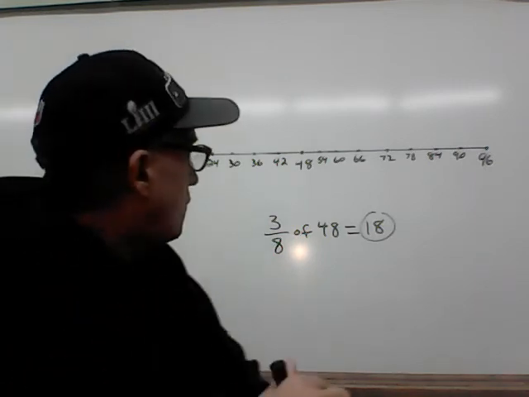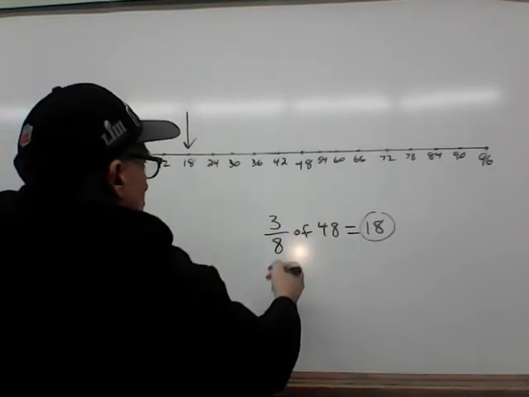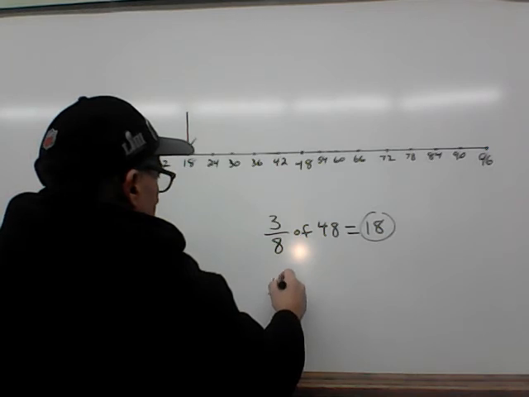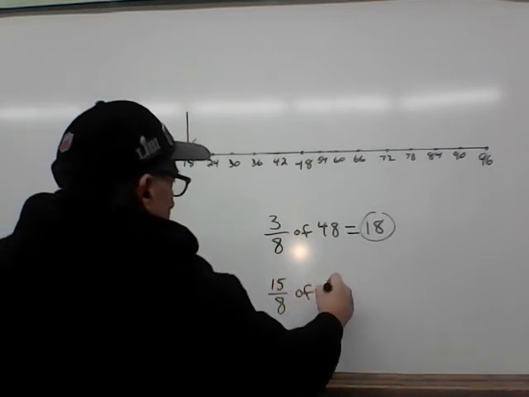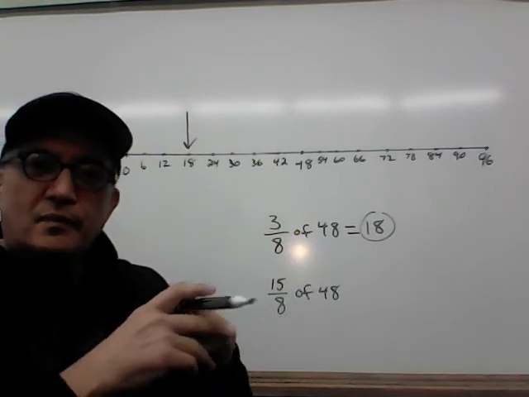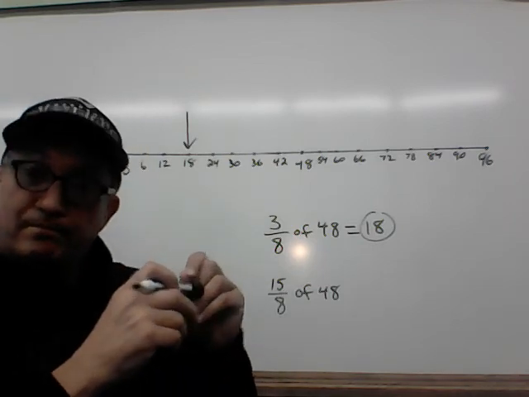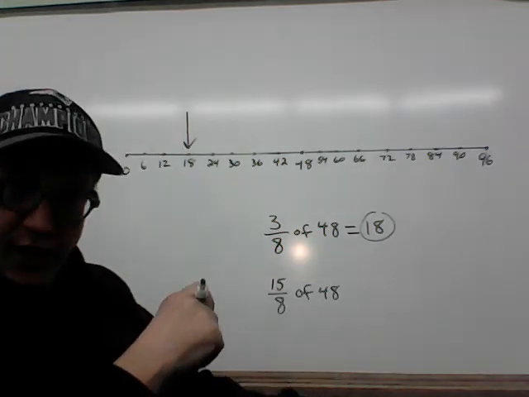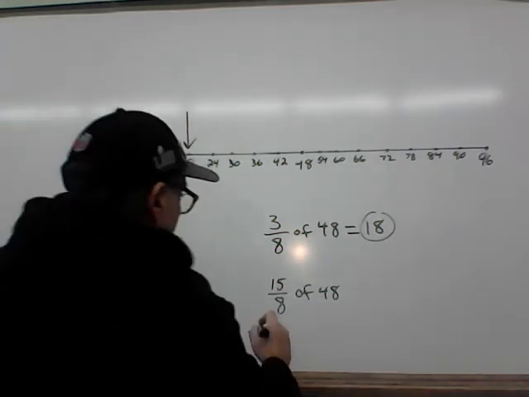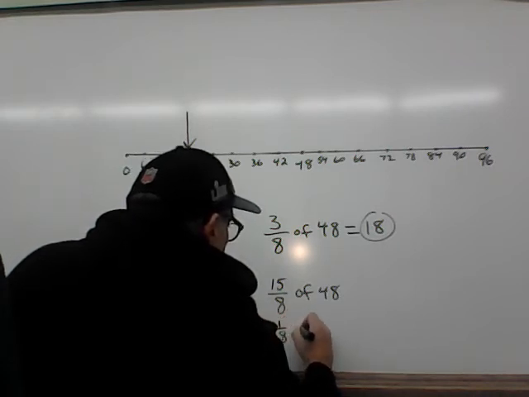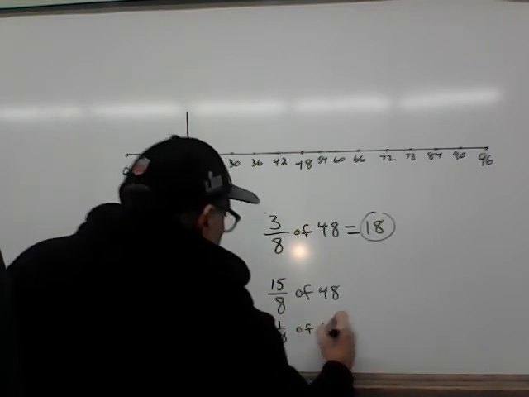Let's try one more. How about 15/8 of 48? Well, 1/8 of 48 is 6, right? Let's do it this way. 15 times 1/8 of 48.